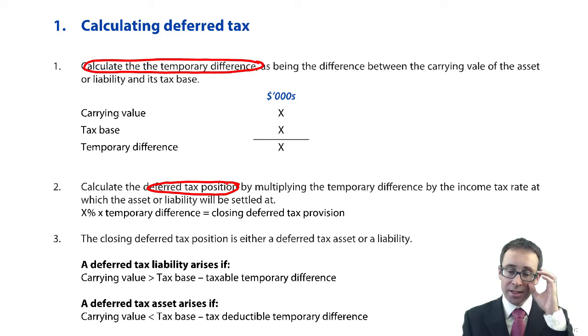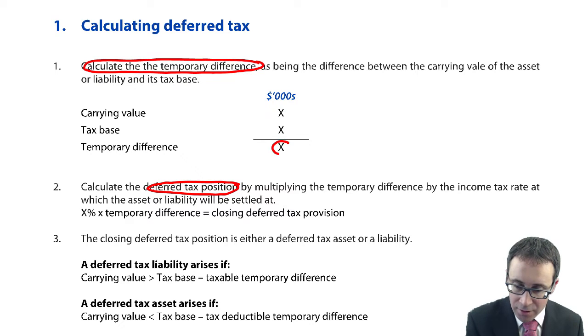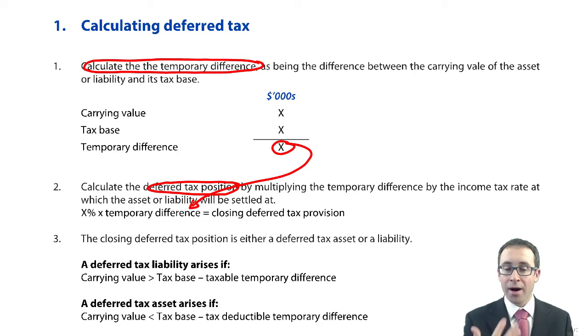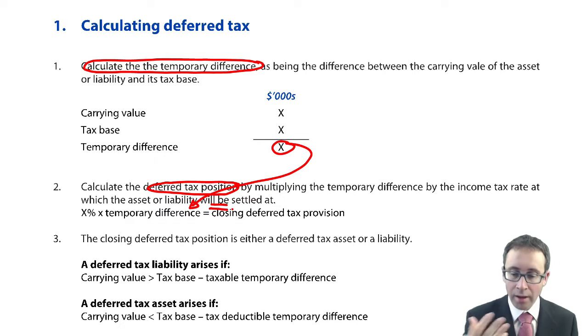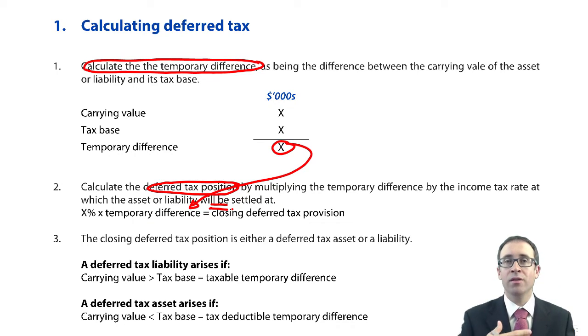To work out the deferred tax position, nice and straightforward, you take that temporary difference that you've calculated in the first step and multiply it by the tax rate. Again, just be careful, that tax rate is what will be settled at. That's what the tax liability or the tax asset will be settled at in future, providing that the rules have been passed at our reporting date.